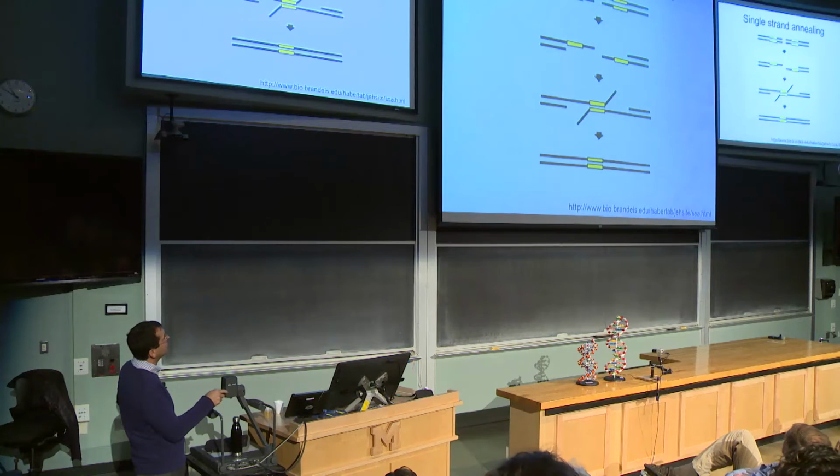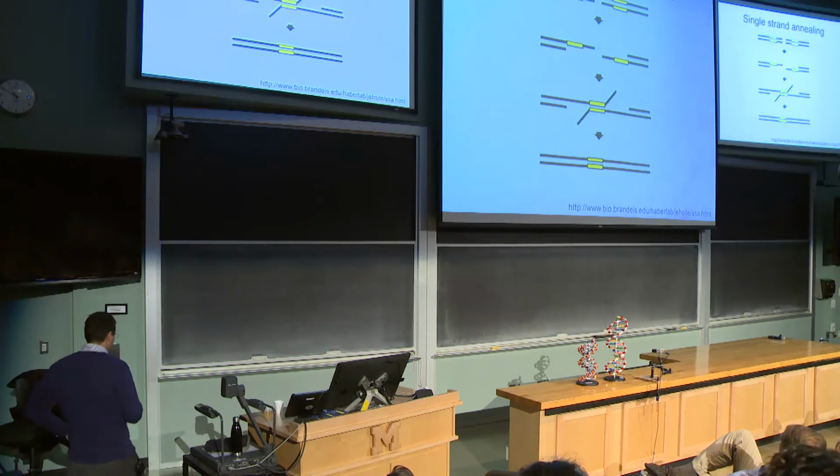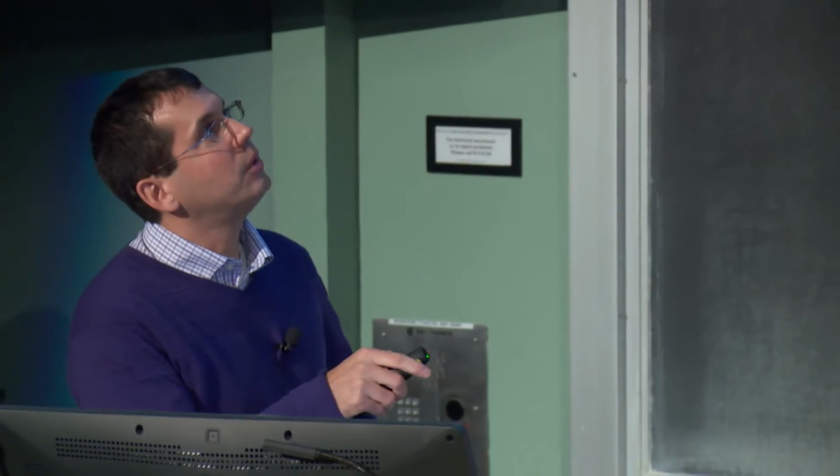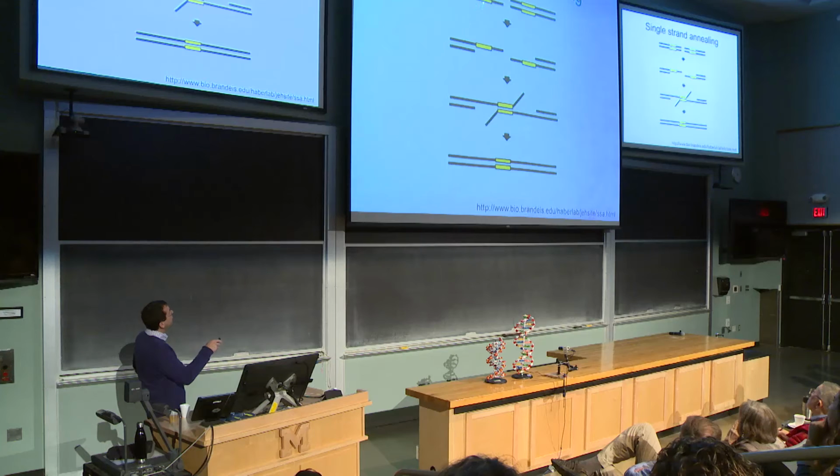And then on the other side of the break, another strand will be chewed back. And these yellow boxes represent complementary base pairing. And so you can chew it back to the point where you expose the single-stranded regions on the left side of the break and on the right side of the break where those can now base pair. Okay, so those will be complementary base pairs.